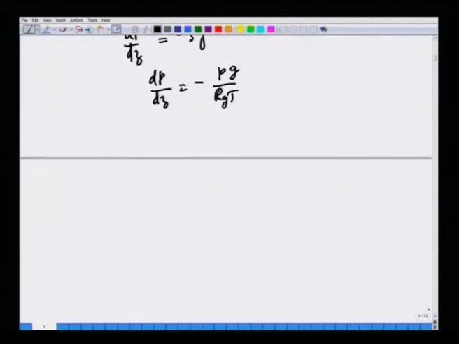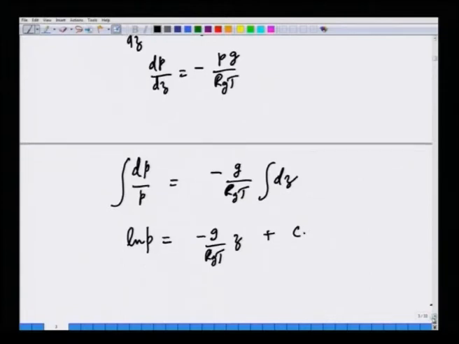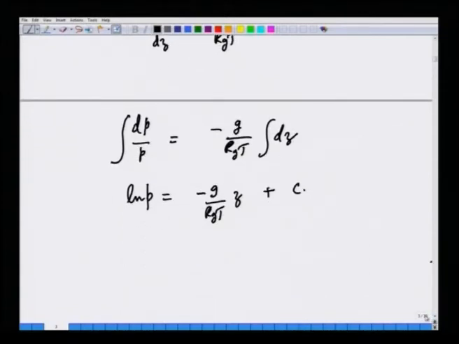So, I can integrate this in the following way: integral dP by P is minus g by R g T integral dz. Okay. So, logarithm of P is nothing but minus g by R g T z plus some constant. Which can be simplified to write P is P naught times exponential of minus g by R g T z, and T is assumed to be constant in this analysis.